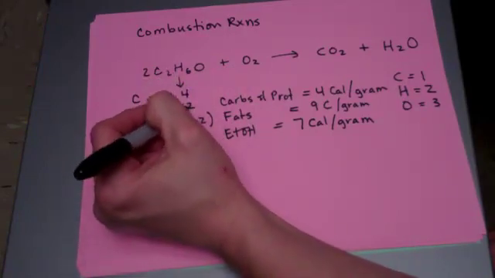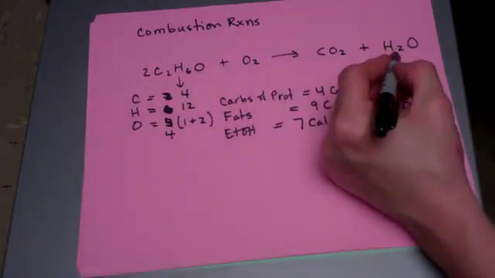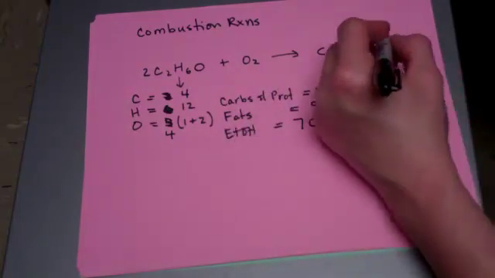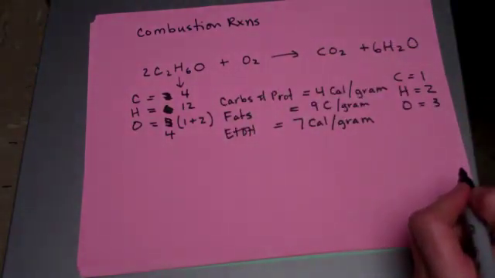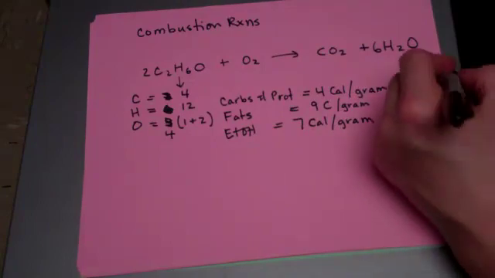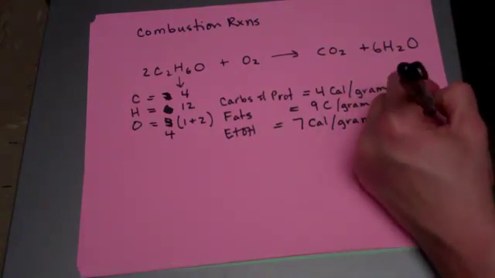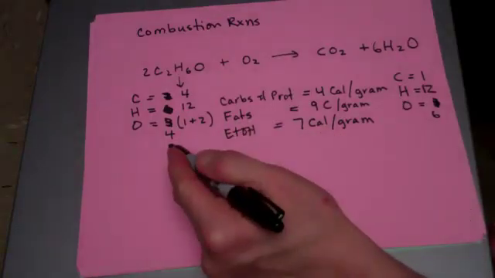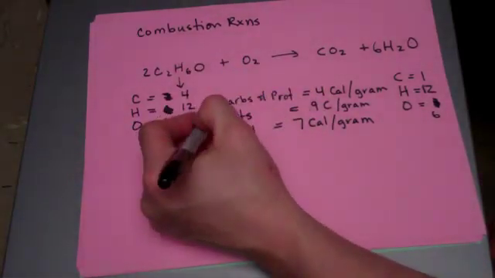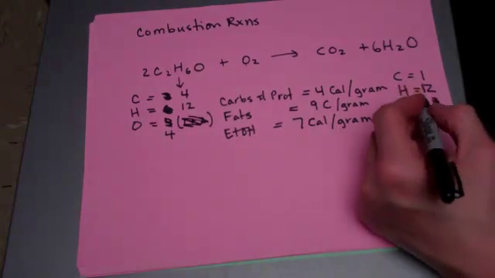If we have 12 hydrogens, we've only got 2 on this side. That's an easy change to get the 12. Just multiply it by 6, right? That would give us the 12 hydrogens, and that would end up giving us 6 oxygens. They don't match yet, but we're not concerned. We've got the extra oxygens over here to deal with.